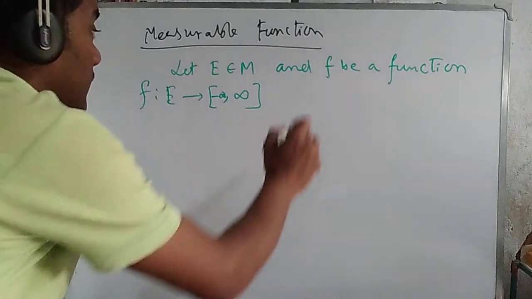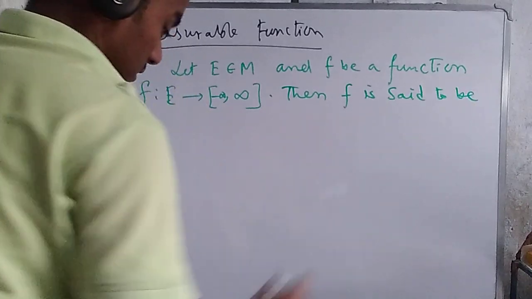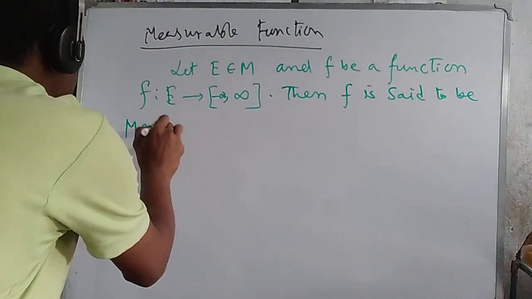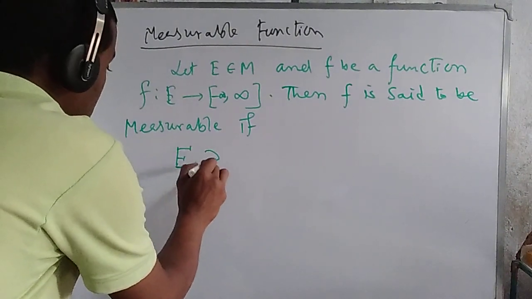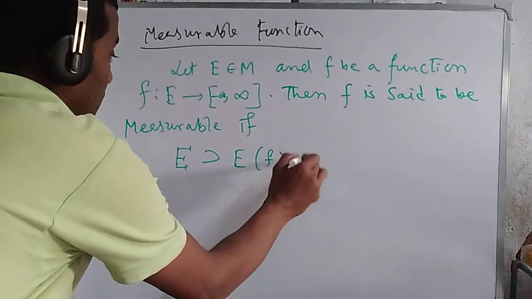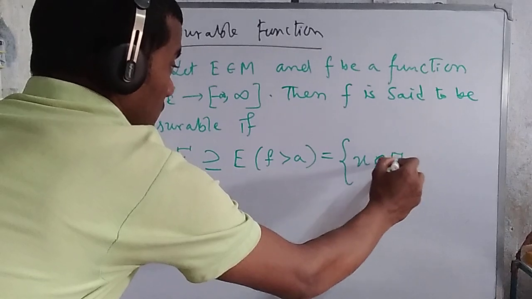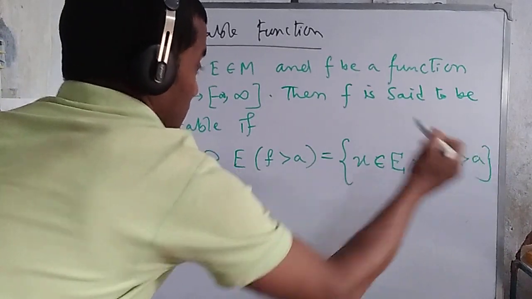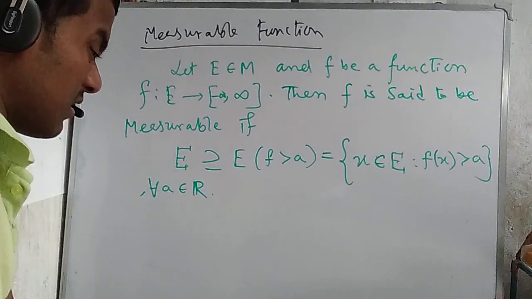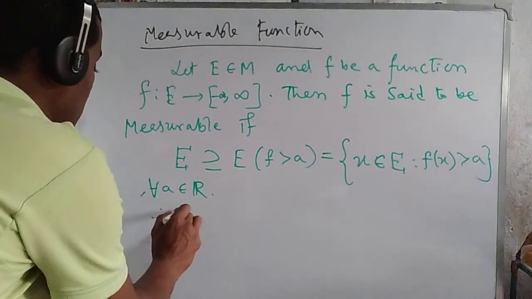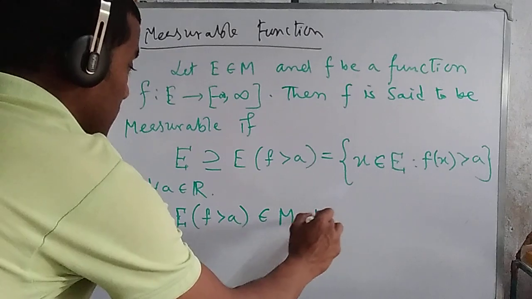Then f is said to be measurable if the set of those x in E such that f(x) is greater than a belongs to M for all a in R.